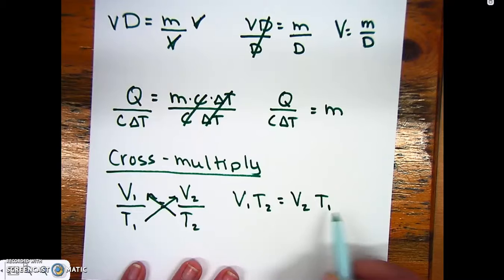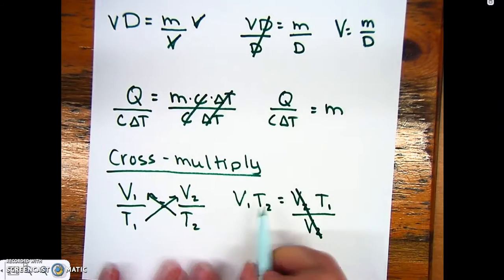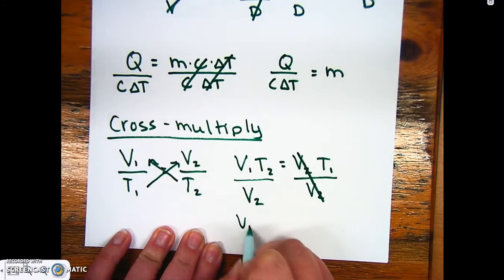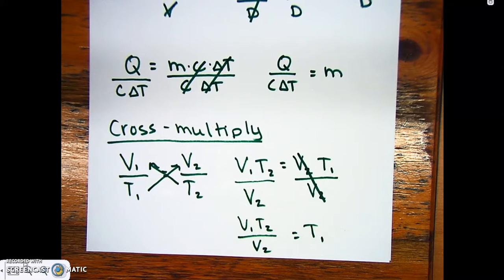Here they're multiplied by each other, so I just need to divide by V2 to cancel it. And what I do to one side, I do to the other. And so I'm just left with V1 times T2 over V2 equals T1. So those are just some algebraic tricks that I use, and you'll hear me use as I try to teach you how to do some of the calculations that we'll be doing with quantities in chemistry.